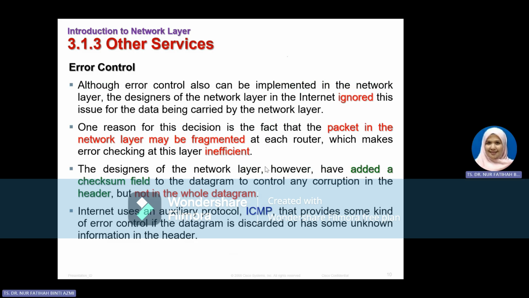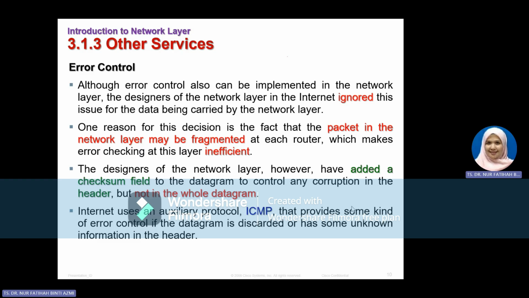And this is about error control. The network layer does not provide full error control because the datagrams may be fragmented, and checking each fragment would be inefficient. Instead, the header includes a checksum for basic error detection.